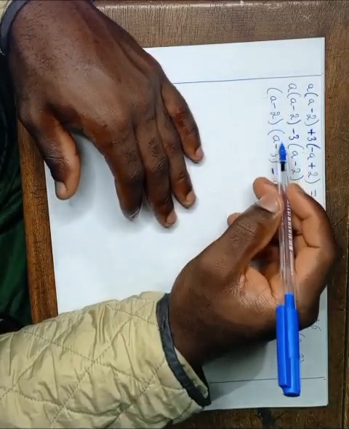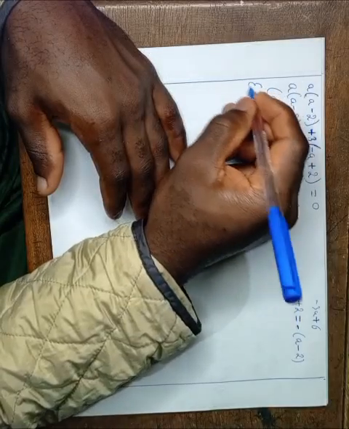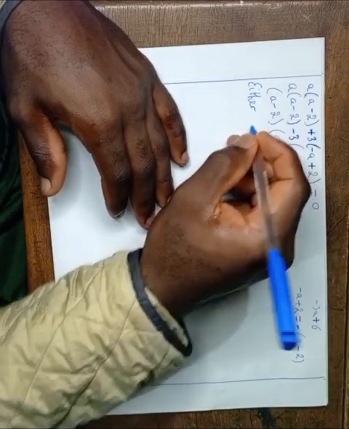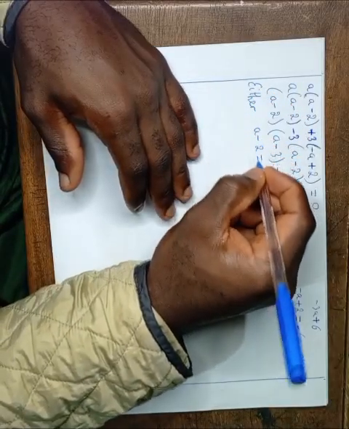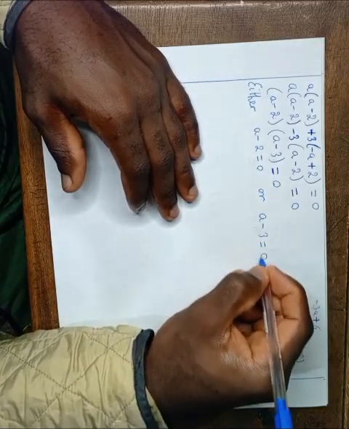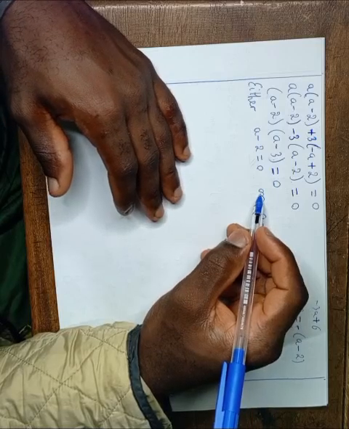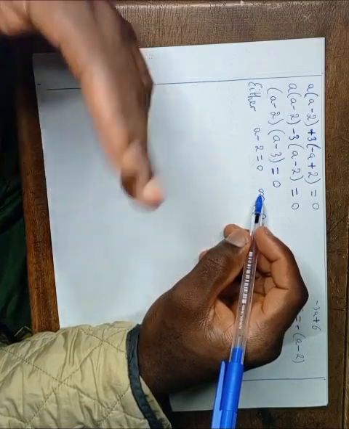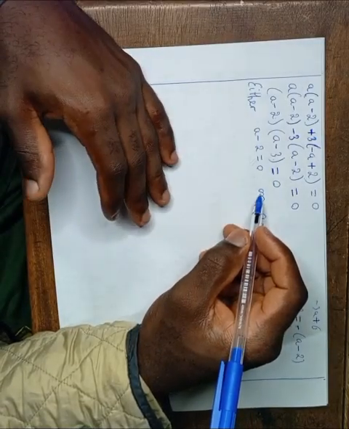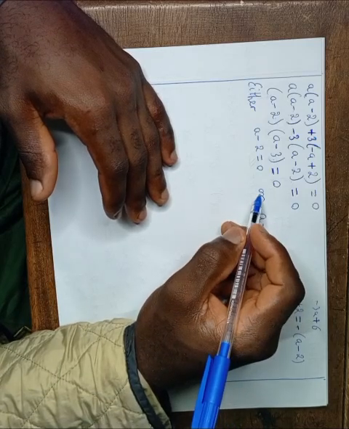A minus 2 times a minus 3 equal to 0. It simply means either a minus 2 is equal to 0 or a minus 3 is equal to 0. We cannot make use of "and" because a cannot take two values at the same time. That's the reason why we are making use of the word "or".